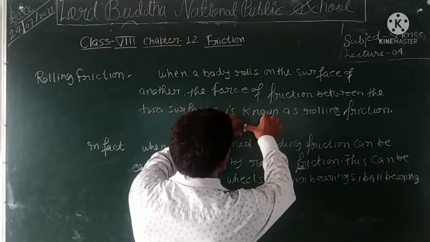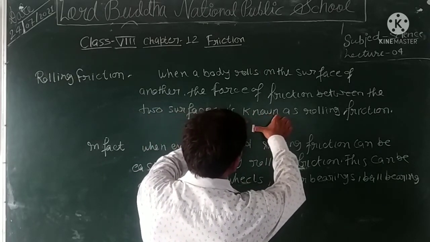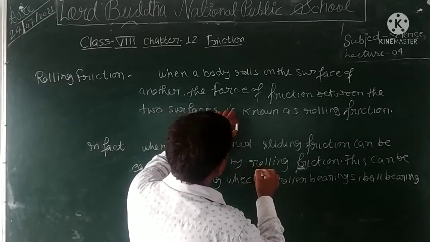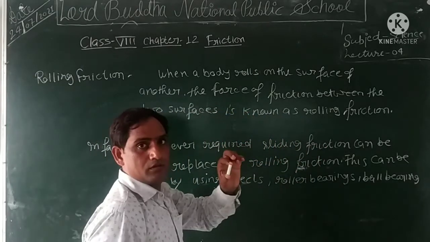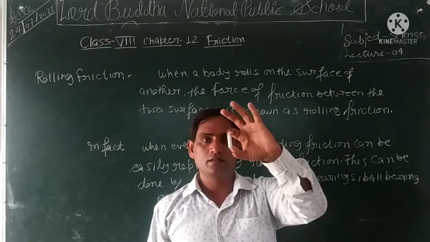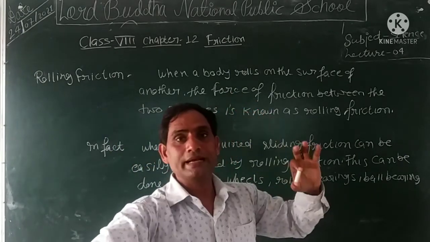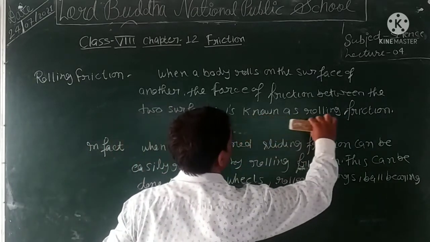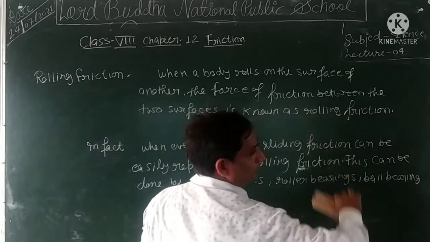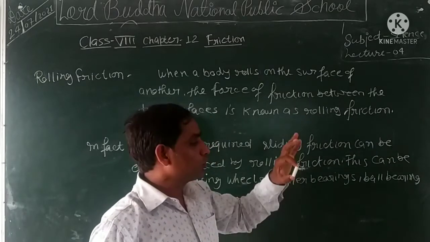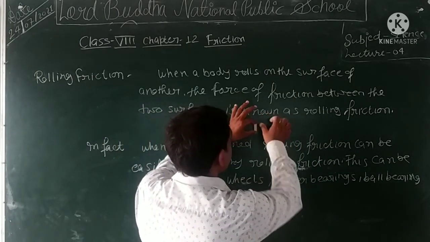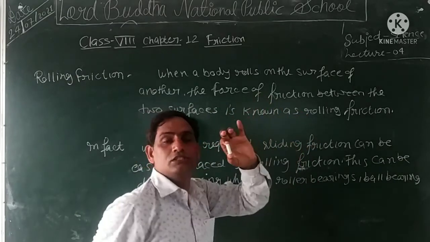This is rolling, means the contact surface area is changing and the contact surface area is small. But in sliding, the total surface area is maintained in contact with the other. In rolling, the contact surface area is changing.